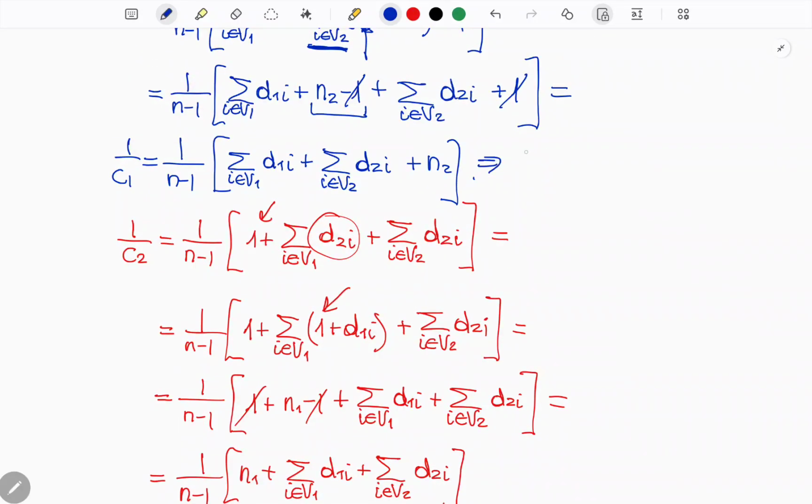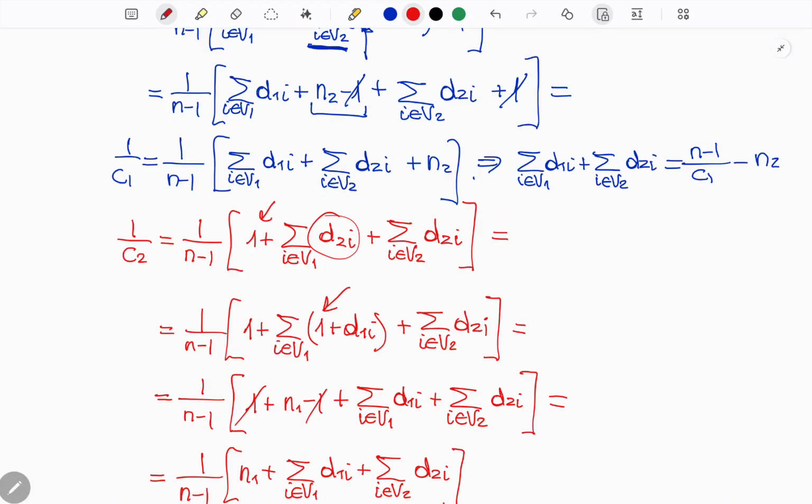I am going to write the vertices belonging to V2, d2i, and I have to multiply everything by n minus 1. So I have n minus 1 over C1, because I have to multiply this on the left by n minus 1 and then subtract n2. So this is equal to n minus 1 divided by C1 minus n2.